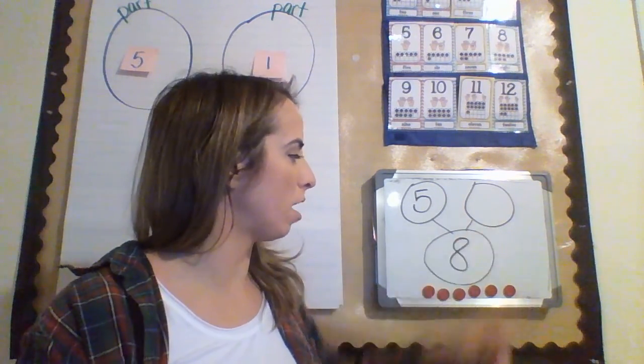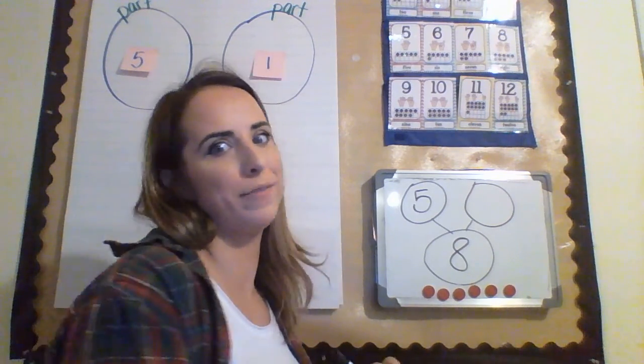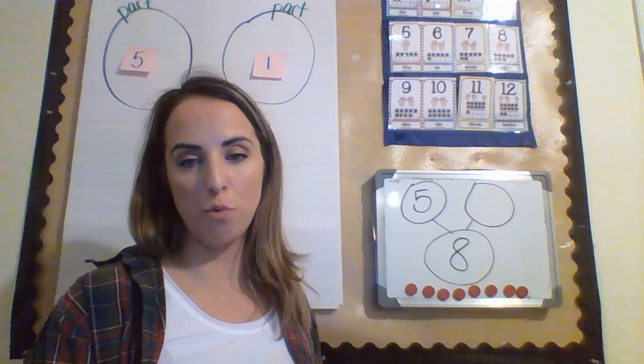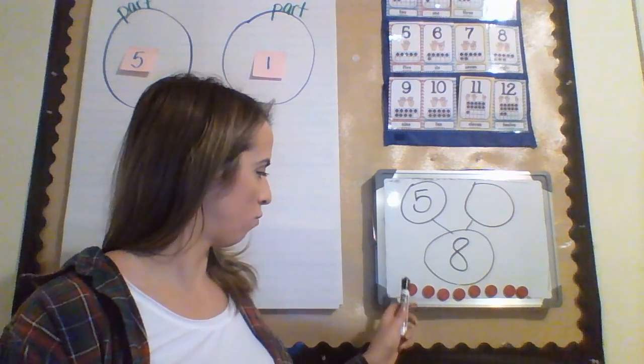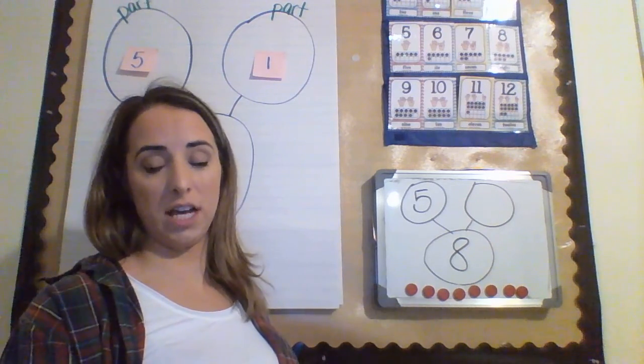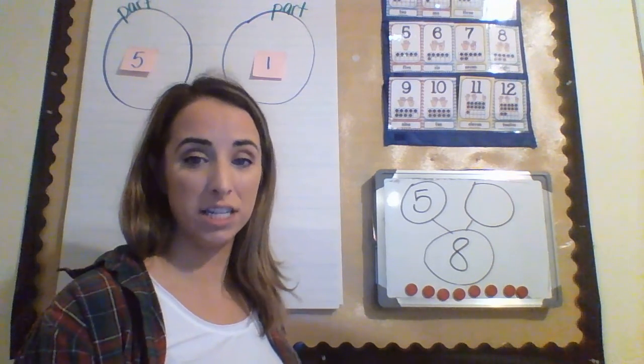What must my other part be? Let me make sure I have 8 counters. Add 2 more. So I should have 1, 2, 3, 4, 5, 6, 7, 8. So yours should look just like this. Make sure you have 8.